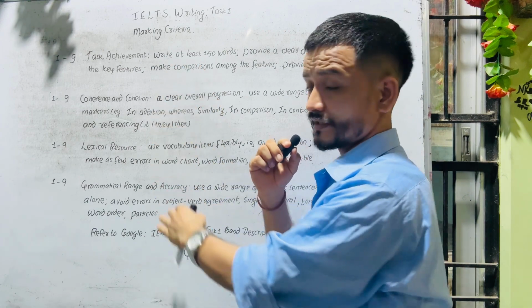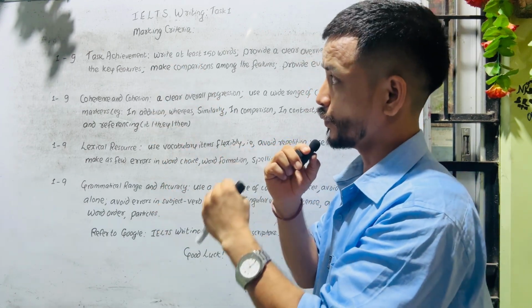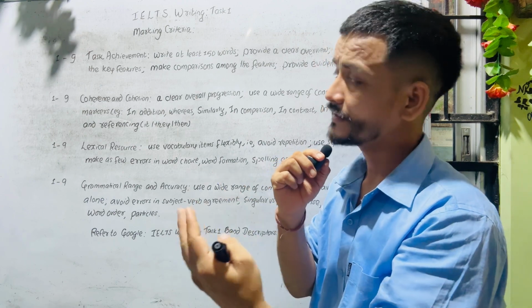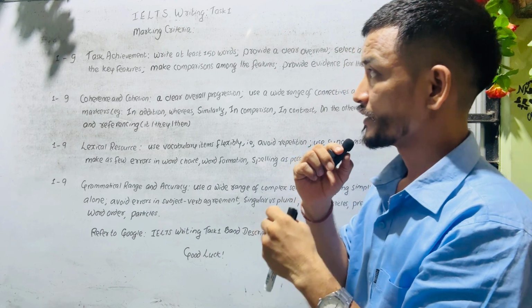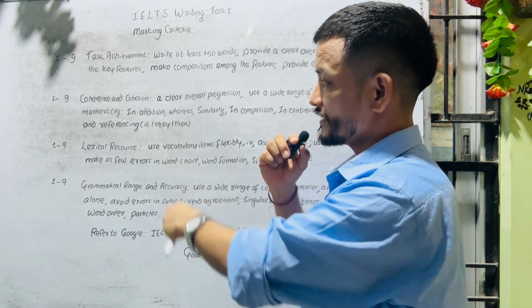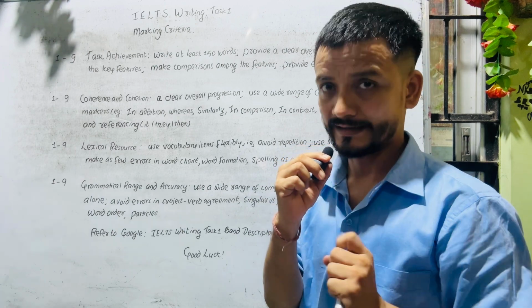Each of these 4 criteria is rated between 1 band, which is the lowest, and 9 band, which is the highest. In each of the 4 criteria, you get full band only.